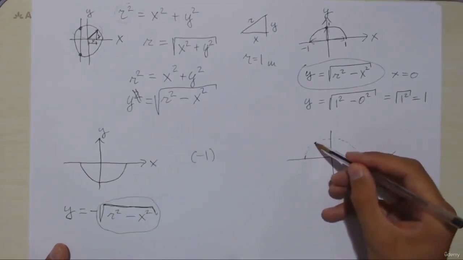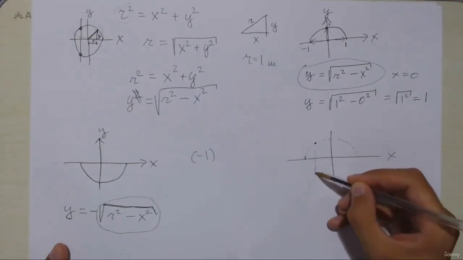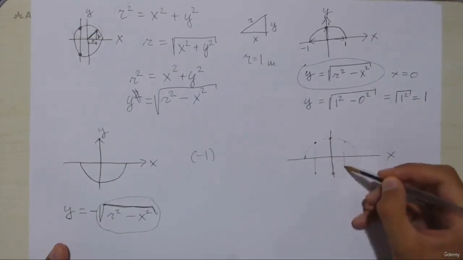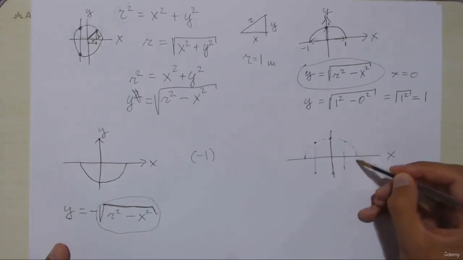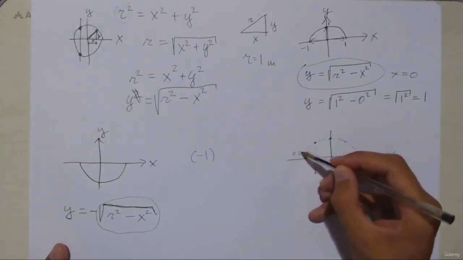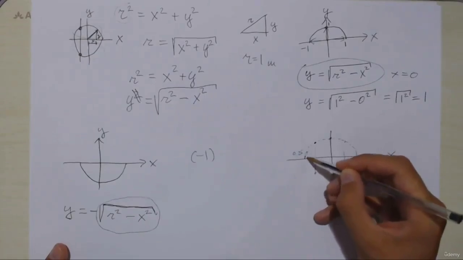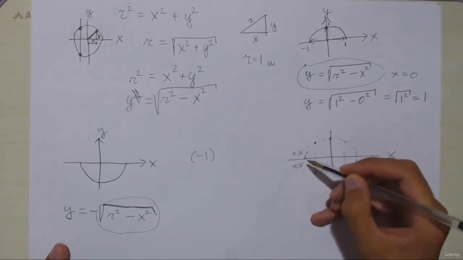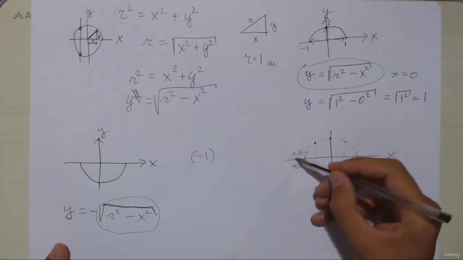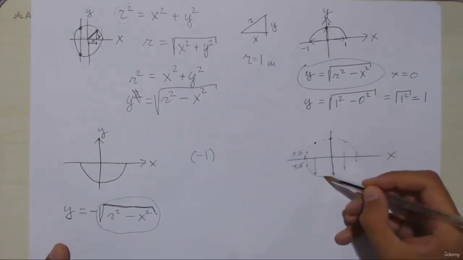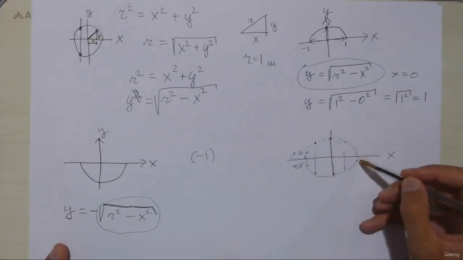So this point will be mirrored here, this point will be mirrored here, this point will be mirrored here, this point will be mirrored here. If this is like 0.25, then it has to be minus 0.25 here, because I simply multiply this number by minus 1. And that's how you can get the lower circle.